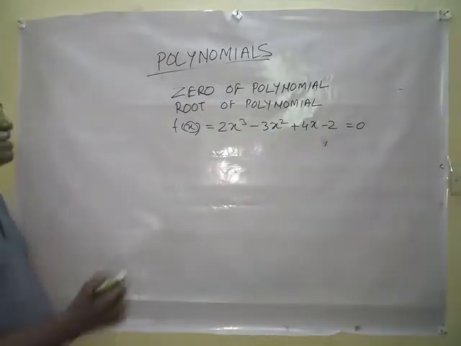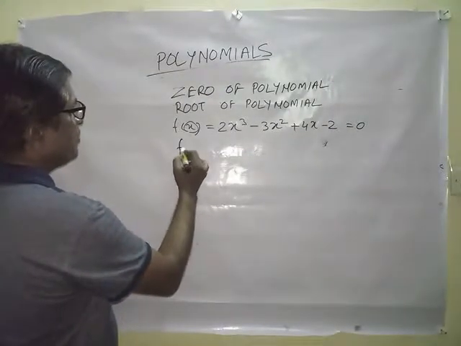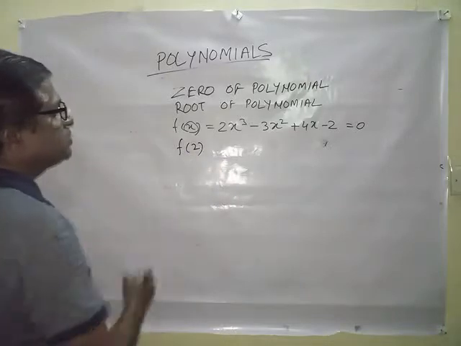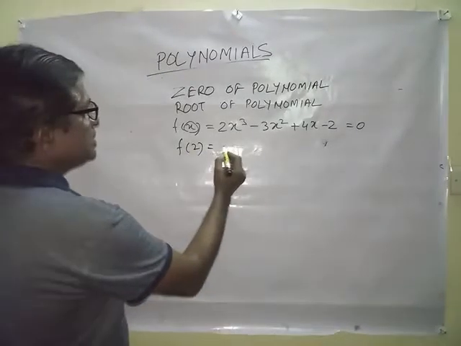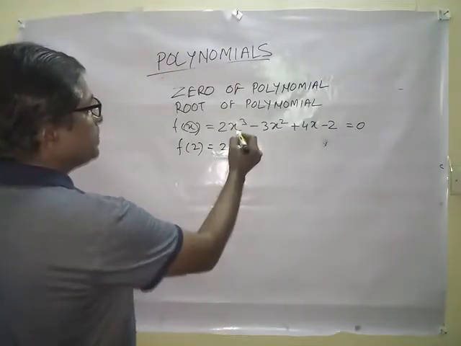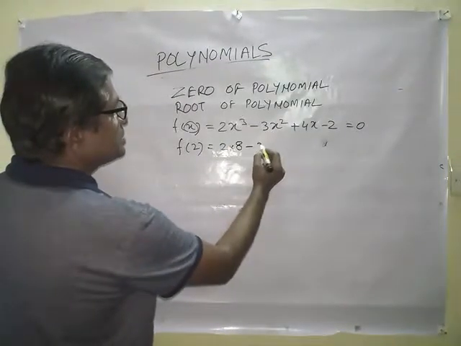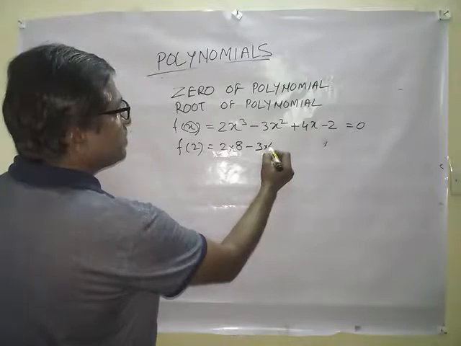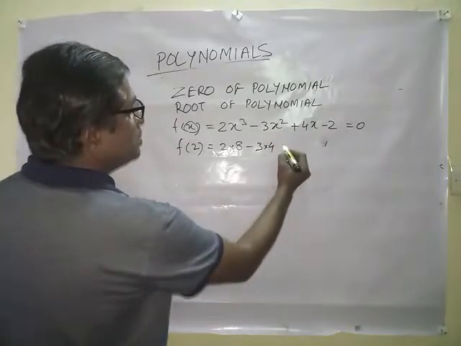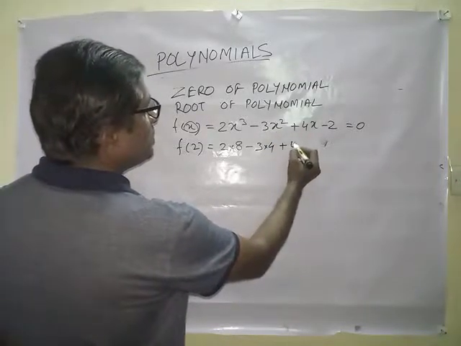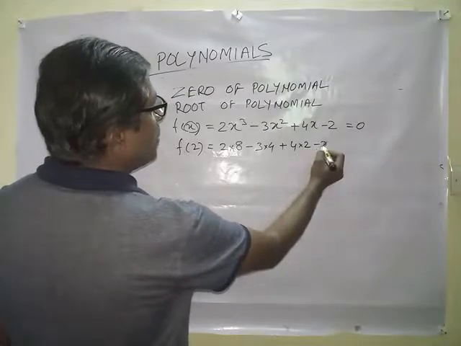Like if you replace f(x) value with 2. Let us see, 2 multiplied by 2 raised to power 3 is 8, minus 3 multiplied by 2 raised to power 2 is 4, plus 4 multiplied by 2, minus 2.